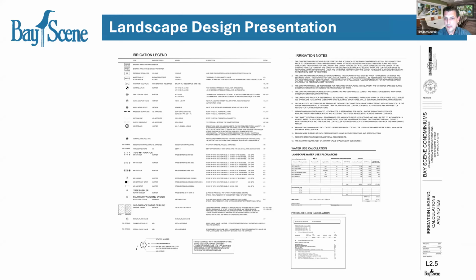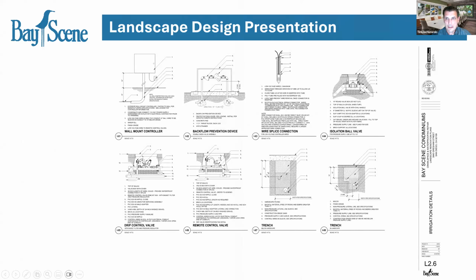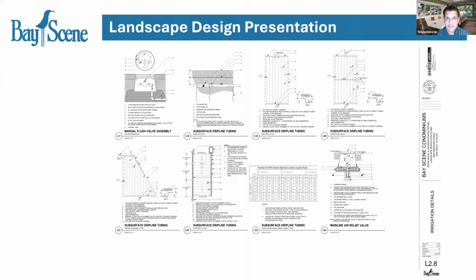So we did comply with the city's requirements for water use. This shows all the different components that are going into the new irrigation areas. And then we again have all the details showing how this gets built for the contractor to install it the proper way. And that's pretty much our presentation in a nutshell.